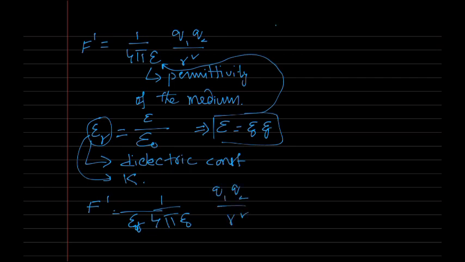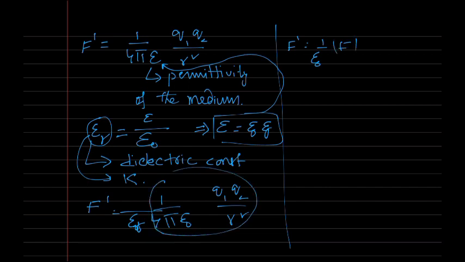So what I'm getting exactly is F dash equal to 1 by epsilon r into F. This 1 by 4 pi epsilon naught into q1 q2 by r square, this whole term can be represented as F itself, that is, when the two charges are placed in the air medium. So I have got the relation F dash is equal to 1 by epsilon r into F. So this means, as the dielectric constant value increases, the force between the two charges decreases, and vice versa, right?